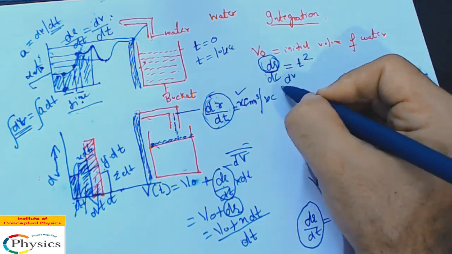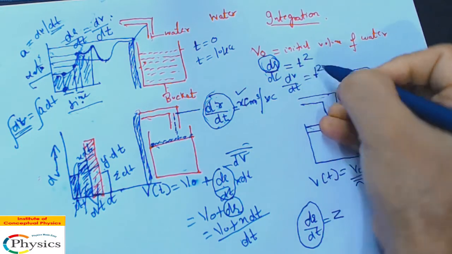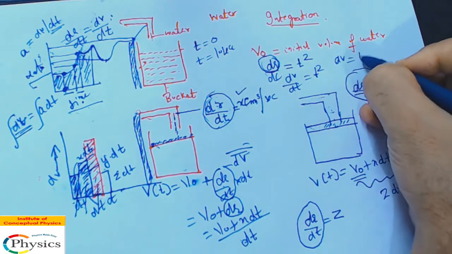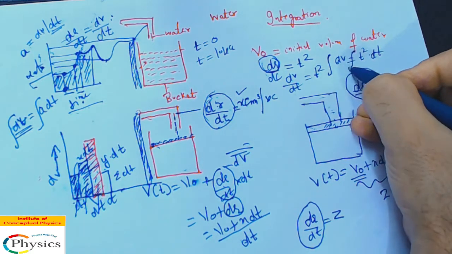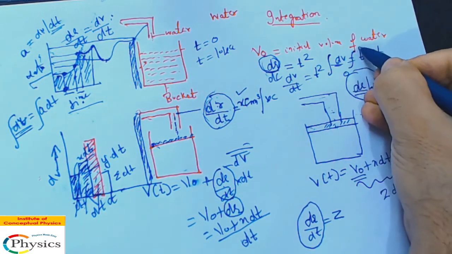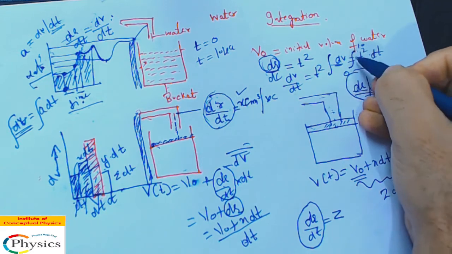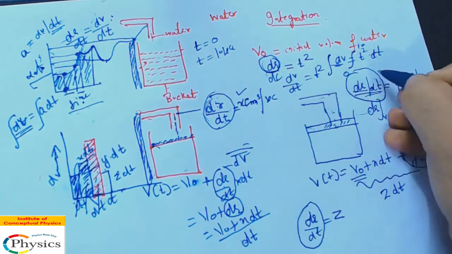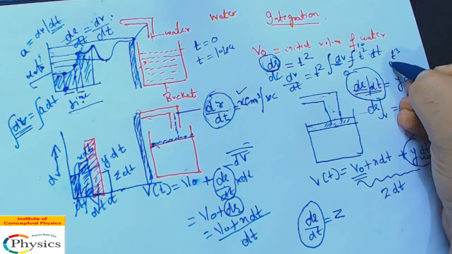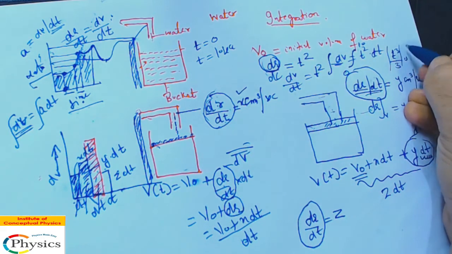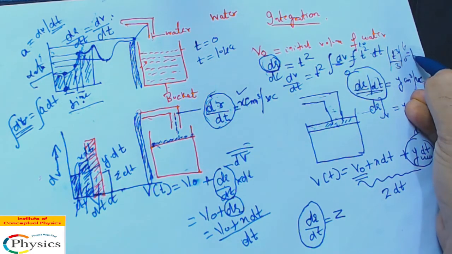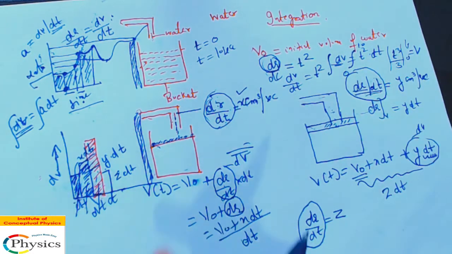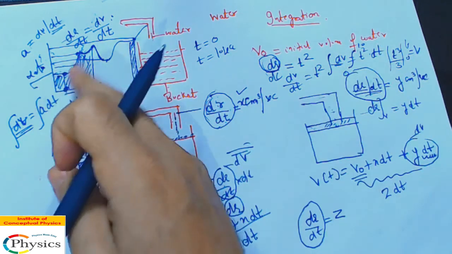So you write dV by dt is equal to t squared, and dV is equal to t squared dt, and then you integrate. You want to find the change in volume from 0 to 10 seconds. If you integrate, you get t cubed by 3, from 0 to 10. This will tell you the total change in volume of water which happened from 0 to 10 seconds, and this is nothing but the area under the curve.